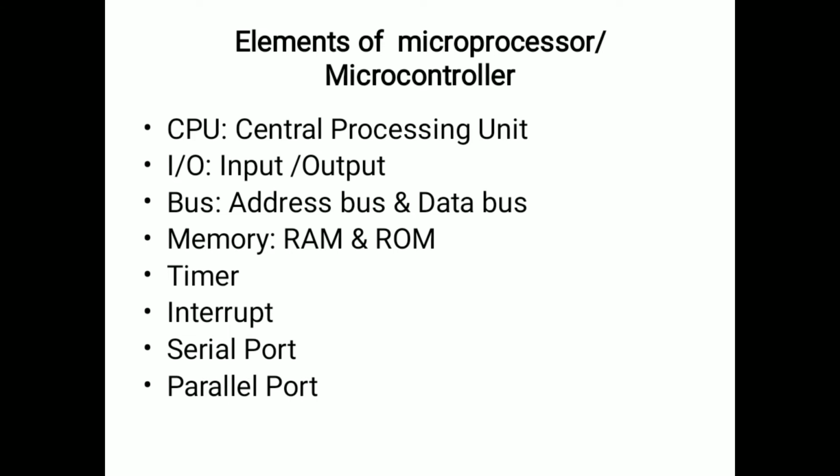But if we want to make a system based on a microprocessor, then we have to connect memory, timer and interrupts externally with the microprocessor system. If we use a microcontroller, these devices are inbuilt in the chip of the microcontroller itself.